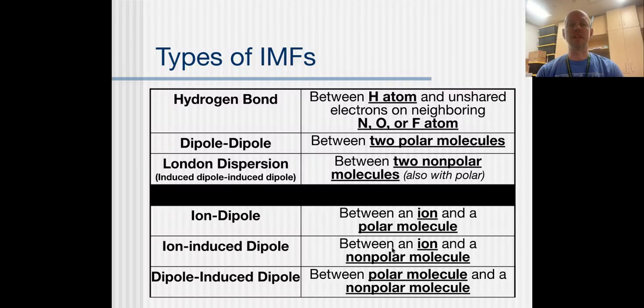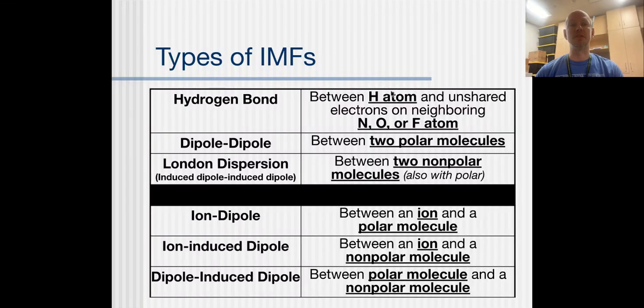The three below the line here are intermolecular attractions that we would have if we had a mixture of two or more different types of compounds. So we see the definition here, and we'll hit the highlight of each type, but the type of IMF is based upon what is in the molecule. Is the molecule polar or nonpolar? Does the molecule have an ion or not?